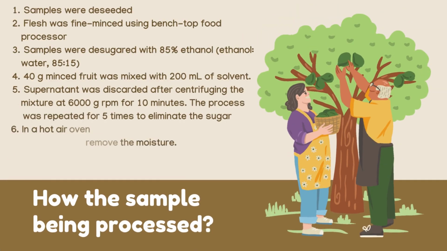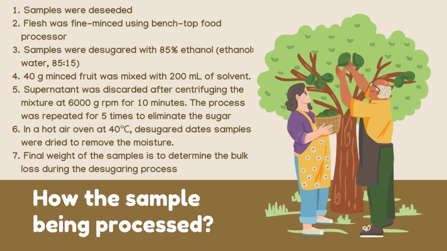Next, we need to know how the sample was processed. Firstly, samples were deseeded. The flesh was finely minced using a benchtop food processor. Samples were desugared with 85% ethanol. 40 gram of minced fruit was mixed with 200 ml of solvent.